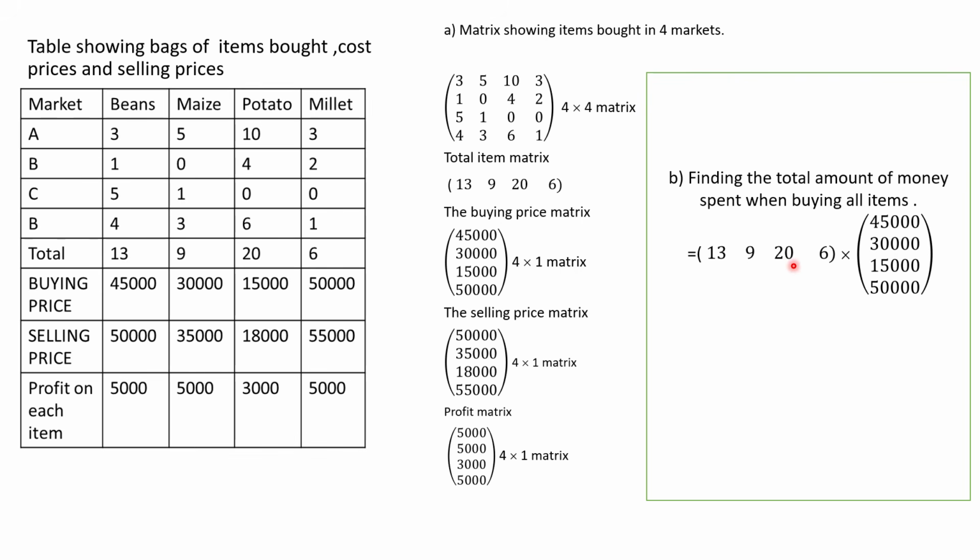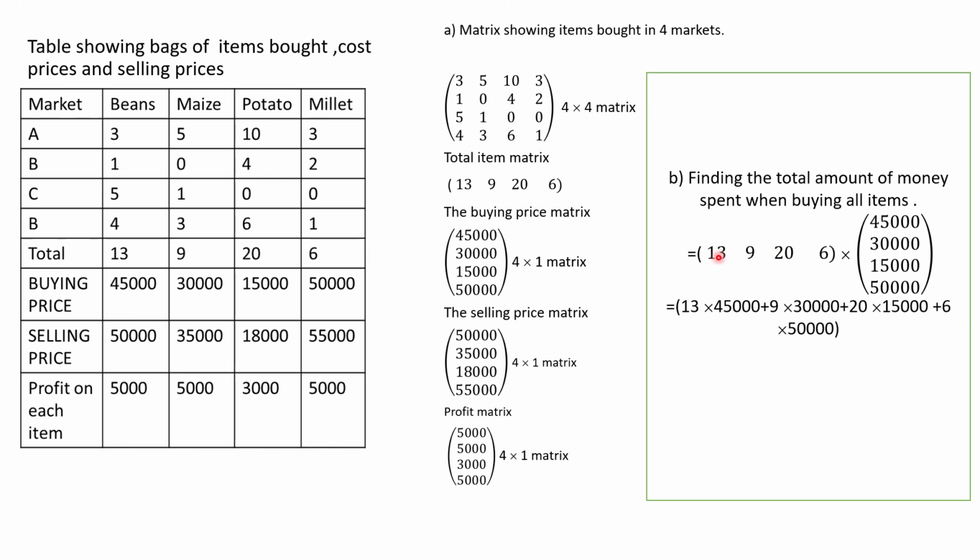It means that, yes, these matrices have been arranged compatible for multiplication. The number of columns in the first matrix should be same as the number of rows in the second matrix. I repeat this. The number of columns in the first matrix should be same as the number of rows in the second matrix. It's when you can tell that you have arranged those matrices very well compatible for multiplication.